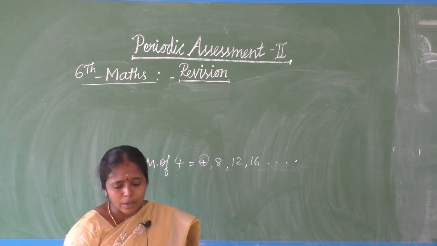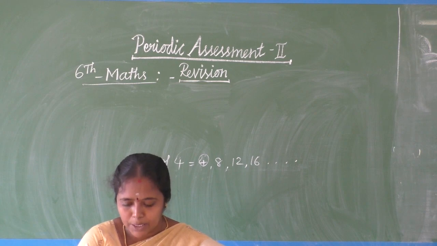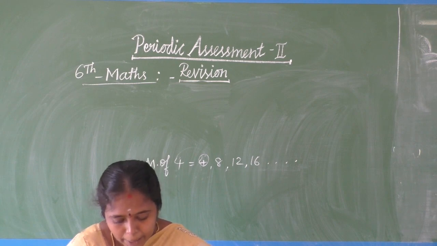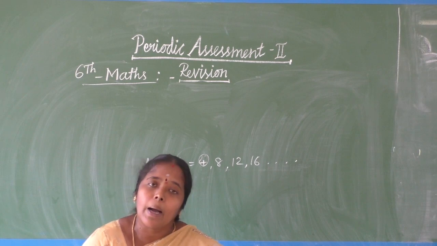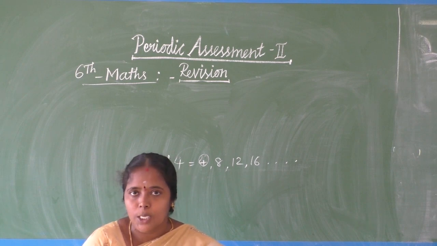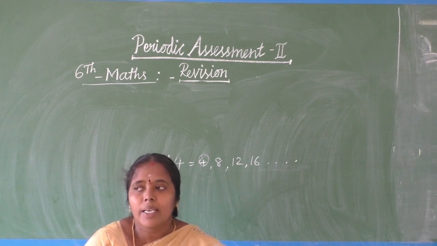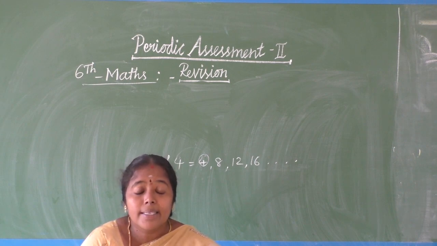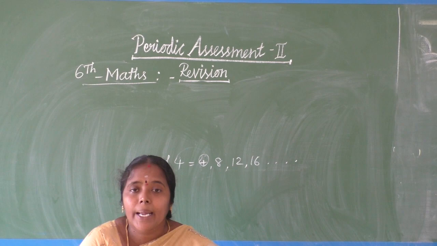Clear? So up to this we have discussed factors and multiples. Then prime numbers, composite numbers. What we are going to discuss about prime and composite is based on factors. See, if a number contains exactly 2 factors, that number is called a prime number.